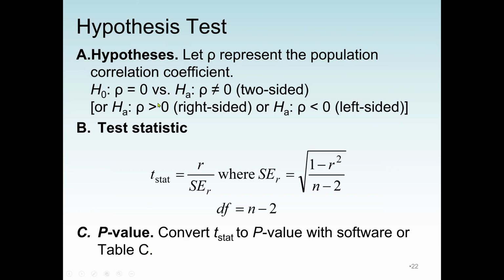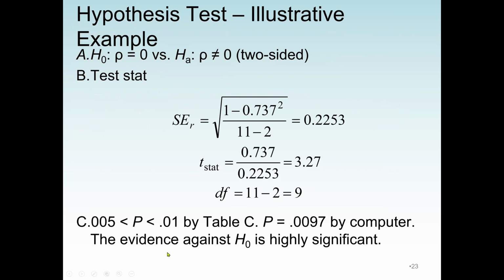So first hypothesis testing, then the test statistic, then use the table or software to find the p-value. Then the level of significance will be given to us, and we compare the p-value to the level of significance. Now we make our decision whether to accept H0 or reject H0.